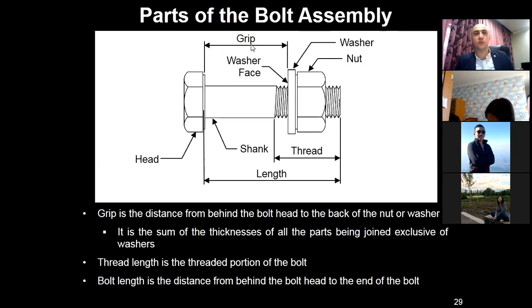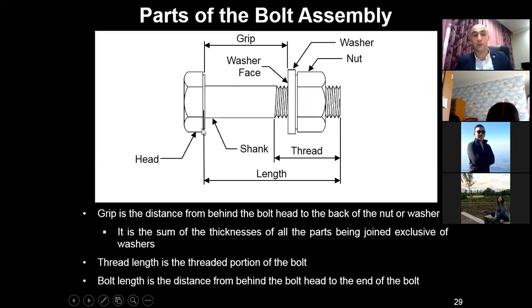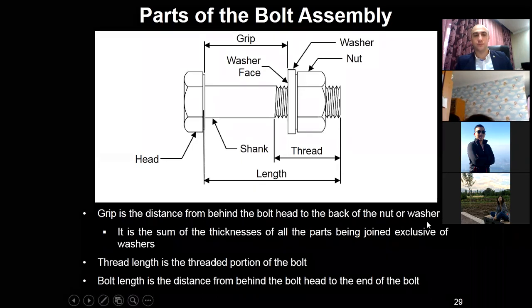There is also the grip part. The grip is the distance between the head and the washer. Actually, the grip is the distance from behind the bolt head to the back of the nut or washer.